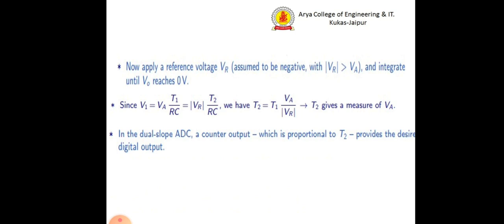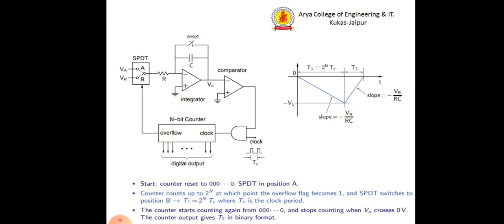In a dual slope ADC, a counter output which is proportional to T2 provides the desired digital output, and hence the analog signal is converted to digital format.